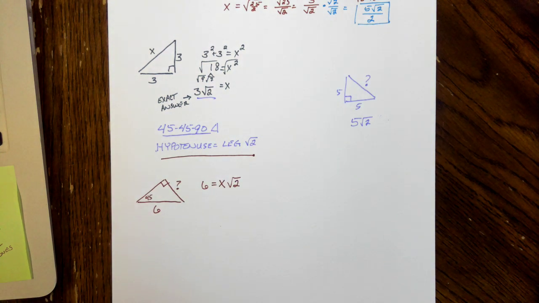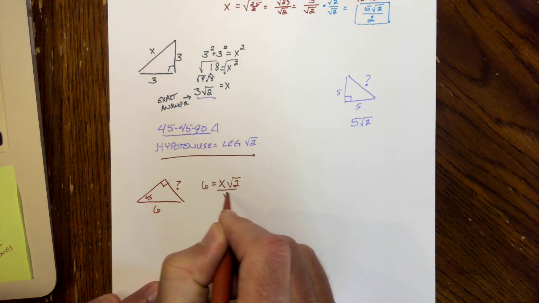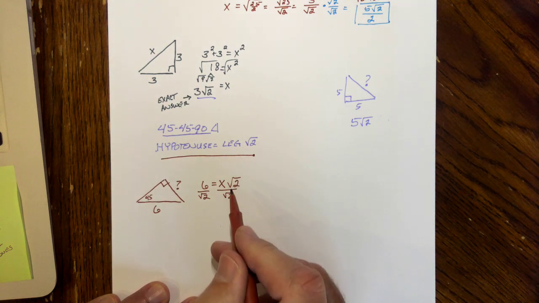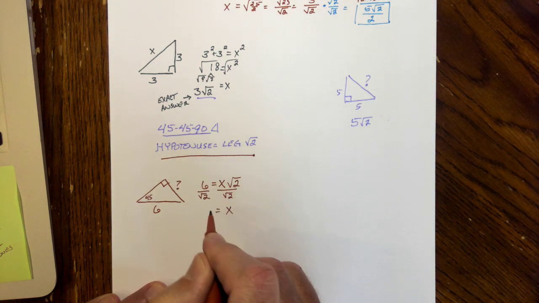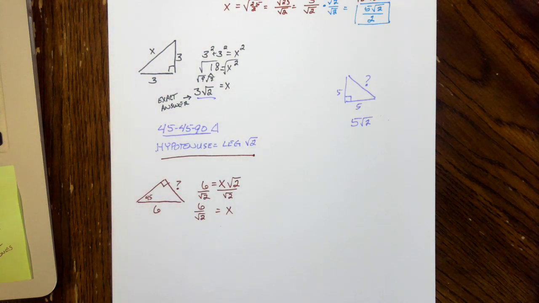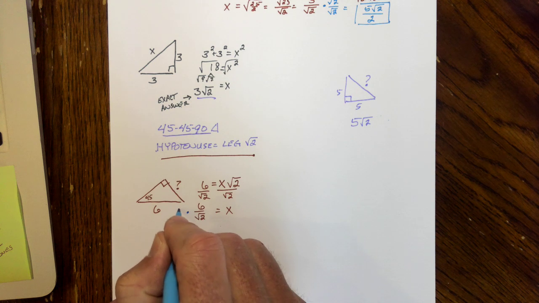Are you done? Not quite. Solve the problem. How do you get x by itself? Divide by the square root of 2. Alright, canceled. X. But now, can we leave this as it is? And the correct answer, as you are all screaming, is no. Make the next perfect root. Okay. Well, I know it's going to be a 4.